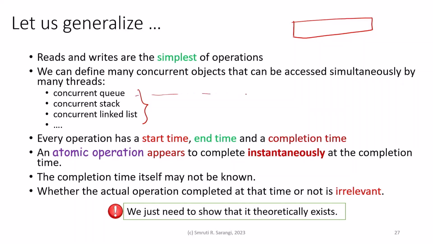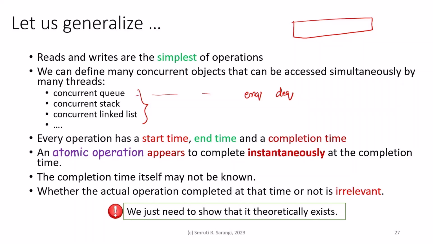I can have a concurrent queue which supports two operations, NQ and DQ, right? Again, in the case of NQ and DQ, we'll have a start time, we'll have an end time, and we'll have a completion time.